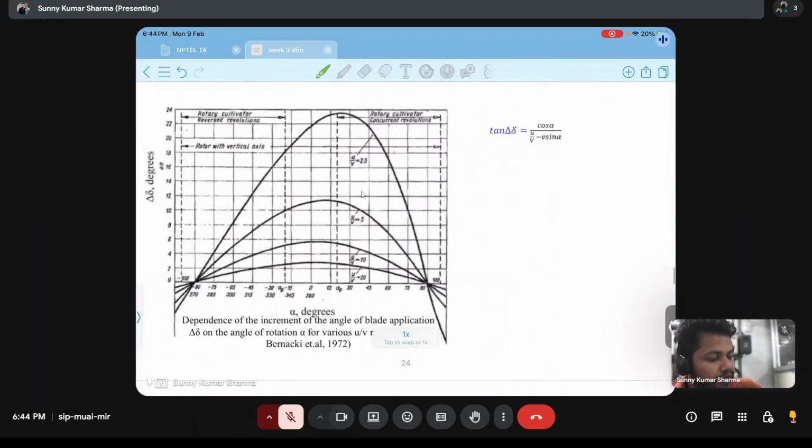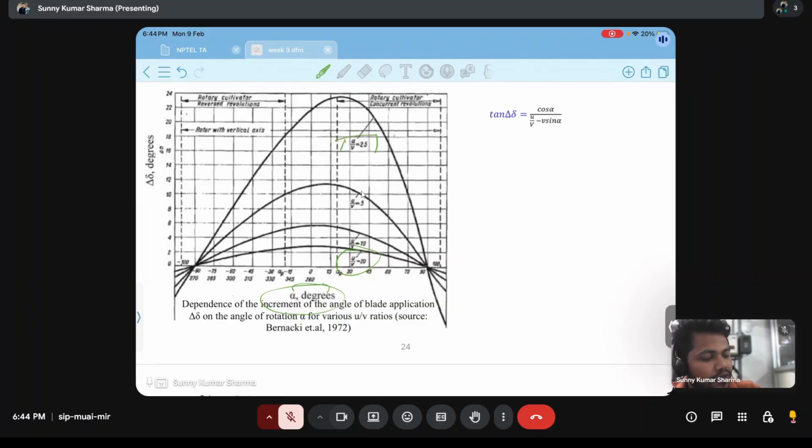When we plot alpha on the x-axis and del delta on the y-axis, we get different graphs for different values of u by v. We can see that when u by v is very small, the fluctuation of del delta is very large. This has been shown in this graph.